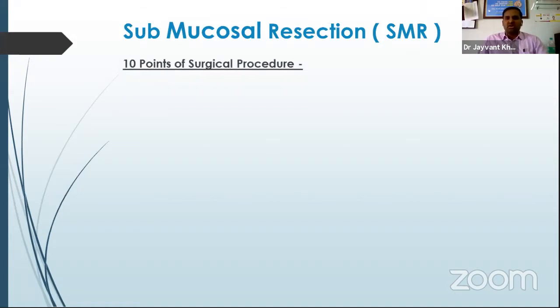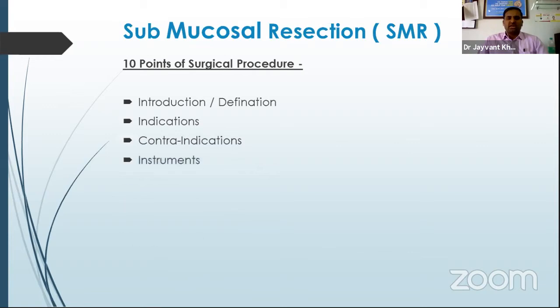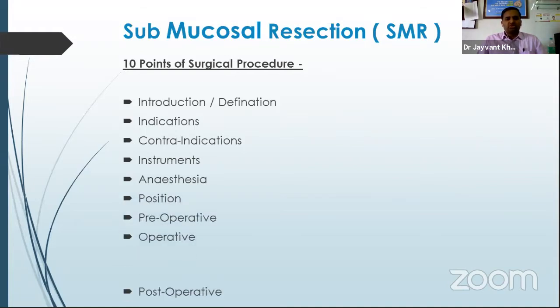What are the 10 points of surgical procedures? Introduction or definition of that surgical procedure, indications, contraindications, instruments, anesthesia, which anesthesia is used for the procedure, position, preoperative, operative, postoperative care, and complications.